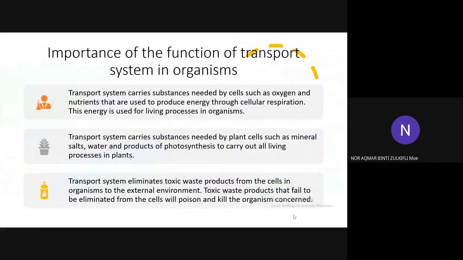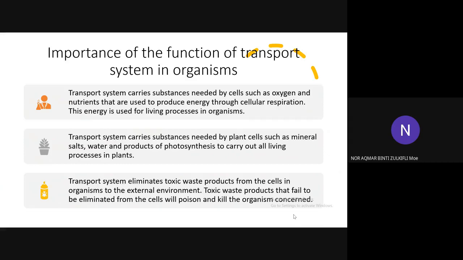Okay, why is it so important for us to have a transport system? First, the transport system carries substances needed by cells such as oxygen and nutrients that are used to produce energy through cellular respiration. This energy is used for living processes in organisms.